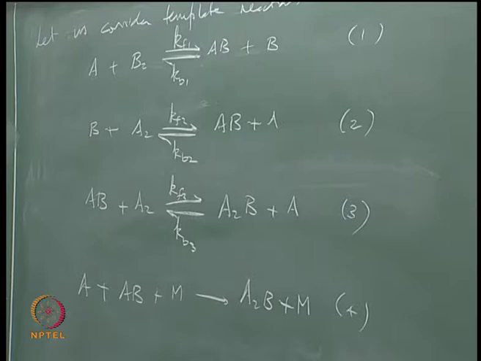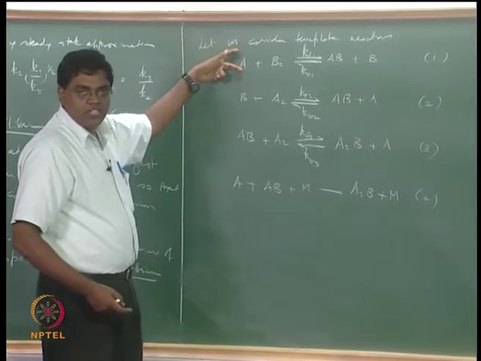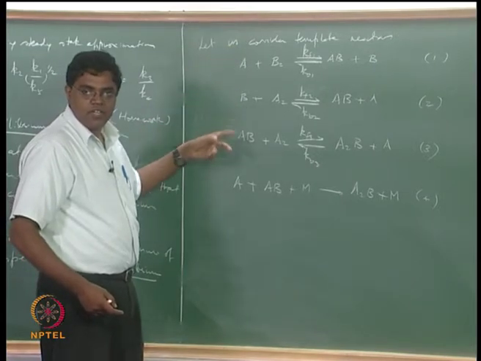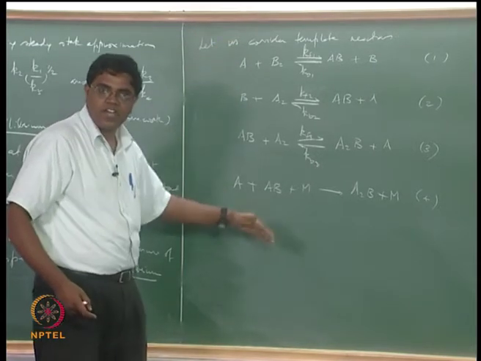That means the last reaction does not have a reverse reaction. Strictly speaking, the way you should look at it is this is actually 2 reactions, 2 reactions, 2 reactions and 1 reaction, so totally it is 7 reactions.